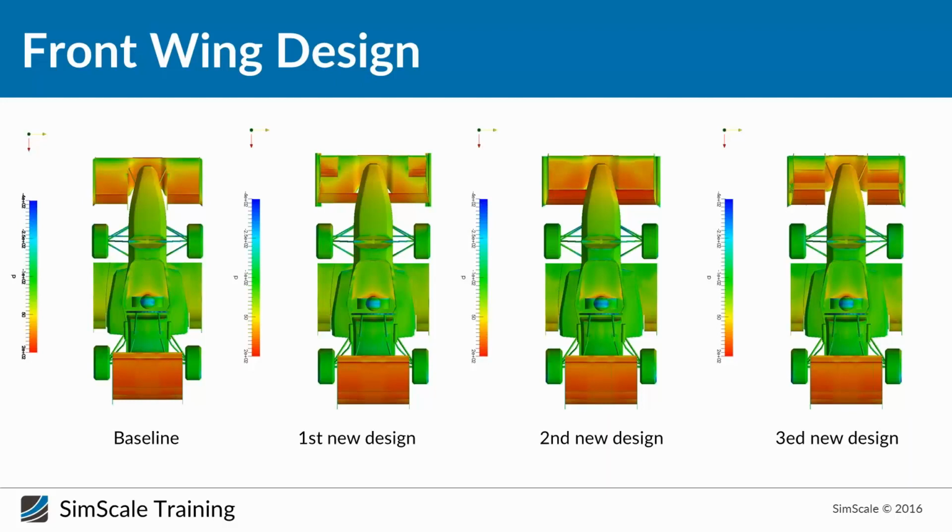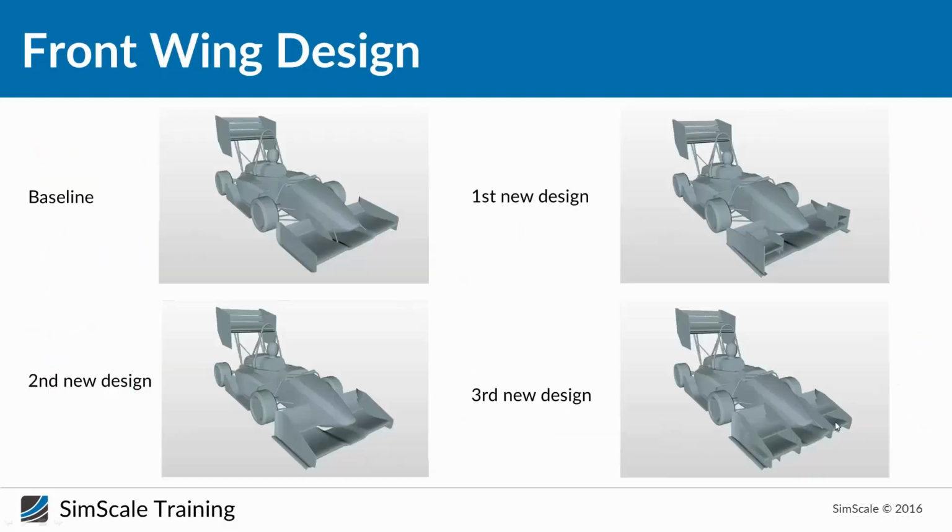And for the last design, we can see that we are also losing some pressure from the top, and that's because, if I go back to the design slide, like I showed you, we have created these elements here. So our idea was to add some downforce to the front wing, but actually this has reduced the downforce of the wing.